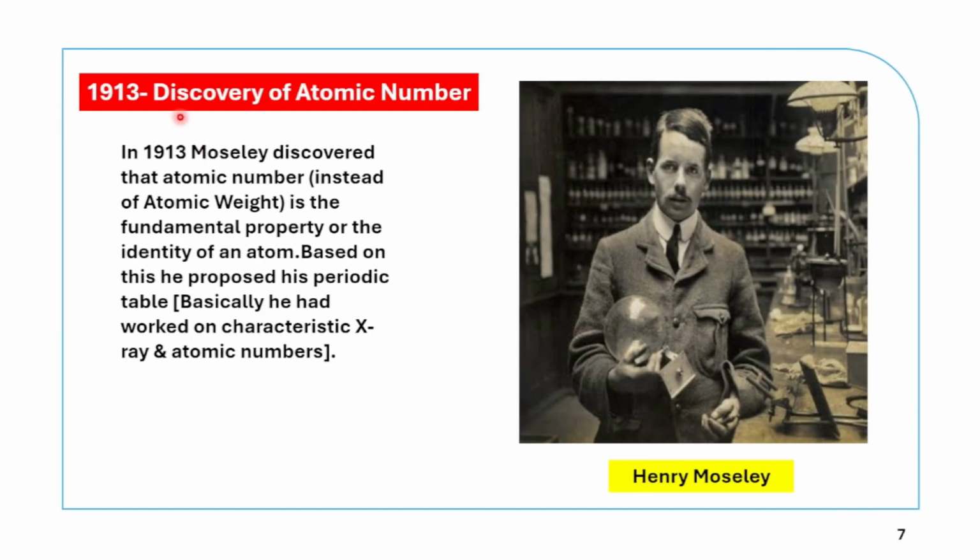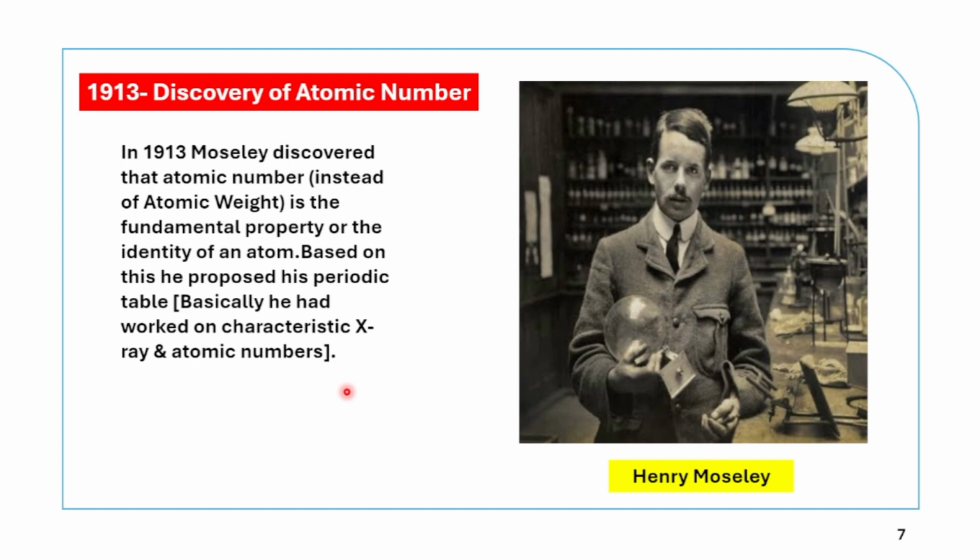Now in 1913, the discovery of atomic number was done. In 1913, Moseley discovered that atomic number instead of atomic weight is the fundamental property or the identity of an atom. Based on this, he proposed his periodic table. Basically, he had worked on characteristic X-rays and atomic numbers. Before this time, scientists and researchers were arranging the periodic table according to the increasing order of atomic weight.